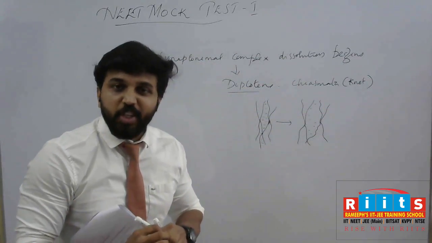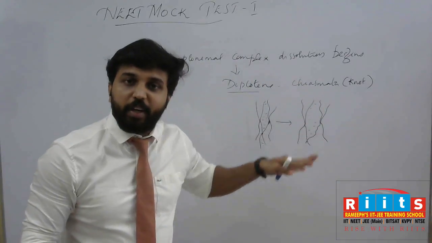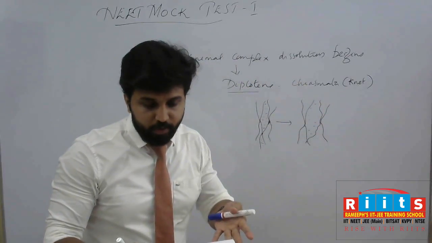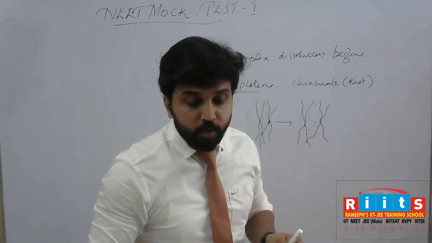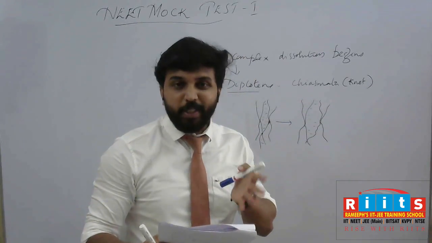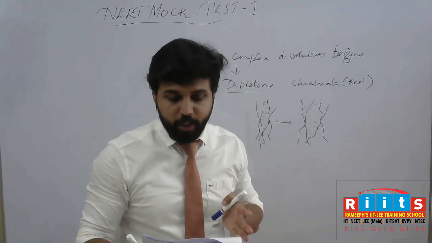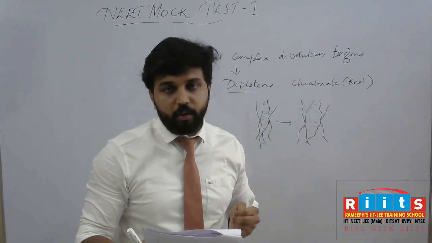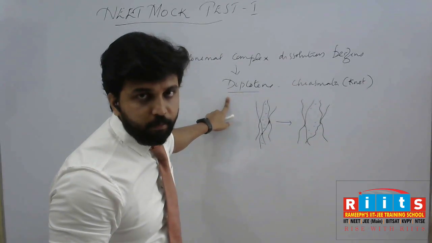Fully formed terminalization is seen in the next stage, diakinesis. Clear? So the options: A pachytene, B diplotene, C zygotene, D diakinesis. The answer is diplotene.